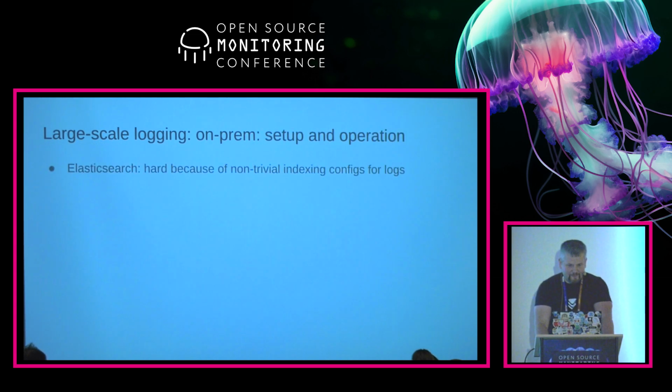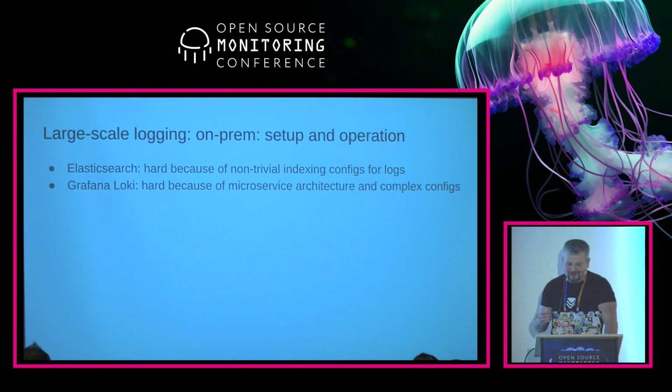From the setup and operation complexity, Elasticsearch is hard to set up at large scale, or even at small scale for logging, because of the non-trivial setup of indexing in Elasticsearch. If you use Elasticsearch for logs, you may know about this, I mean if you use it professionally and don't just blindly install Elasticsearch and forget about it.